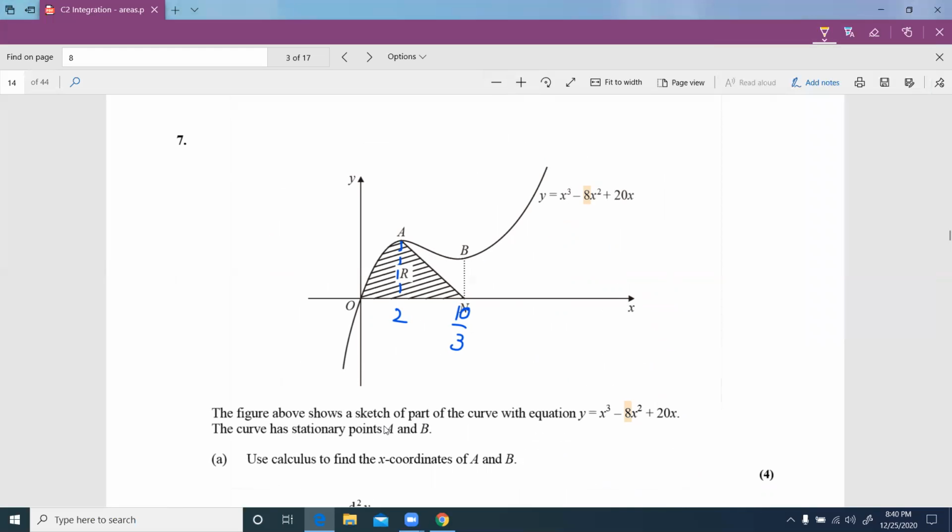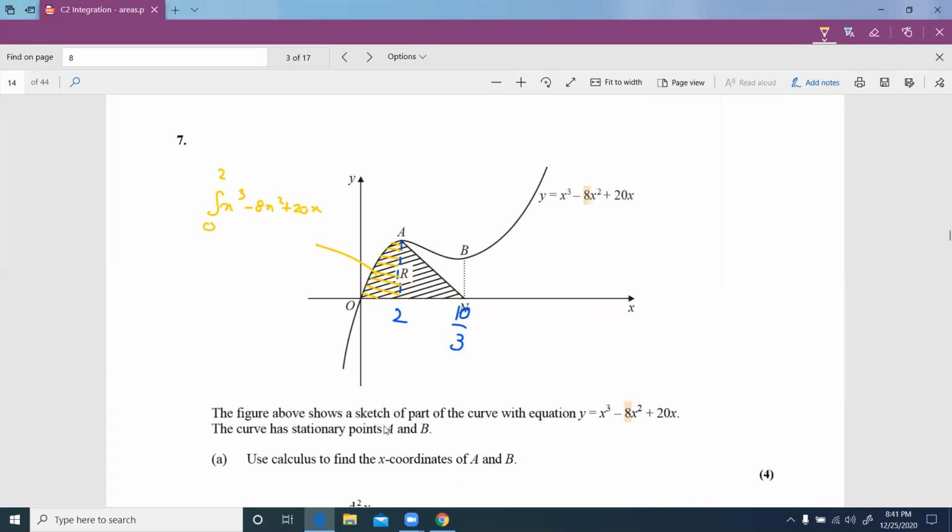If I integrate the curve from 0 to 2, that is a way of understanding this question. You can obtain this area very easily. This part of the area you can get by integrating the curve from 0 to 2, x cube minus 8x squared plus 20x. By just doing this, you can get this area.